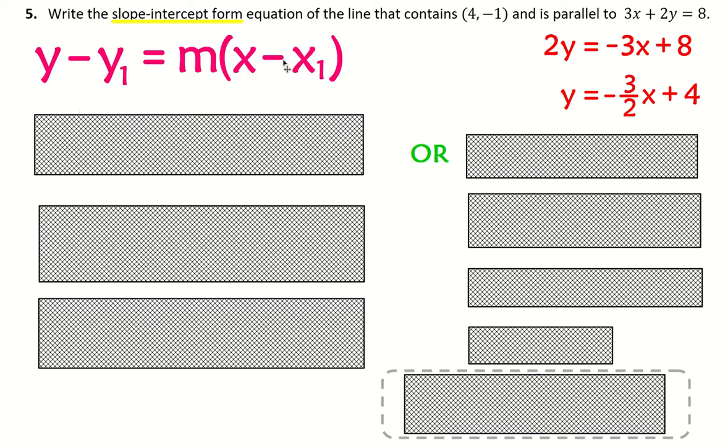So once again, we're just going to use this formula. We already know that -1 is going in for y1 and 4 is going in for x1. But now that we've done this work in ruby red over here, we know that we're going to take this same slope and plug it in for m.